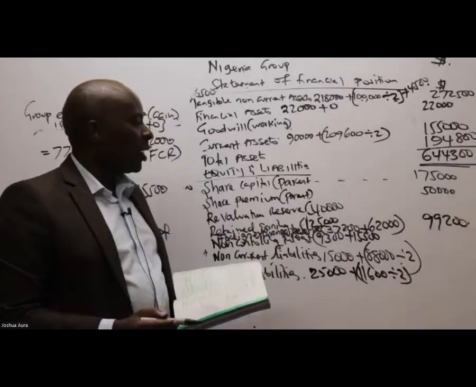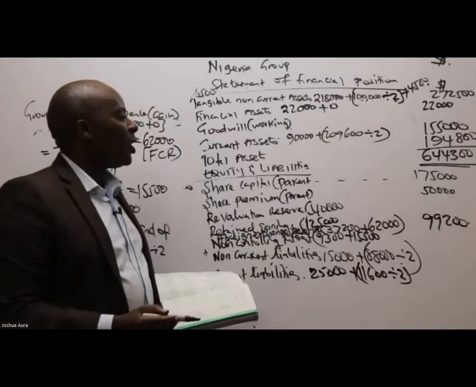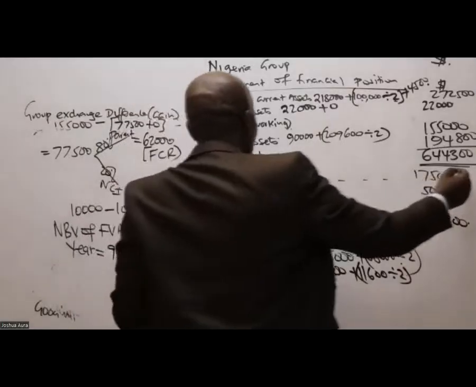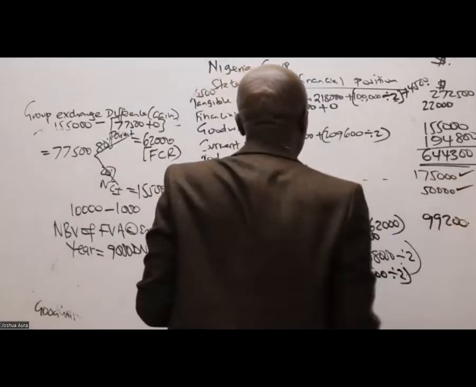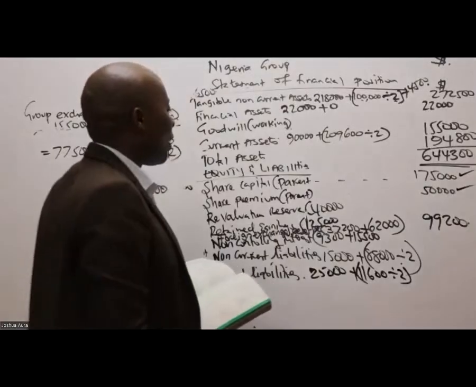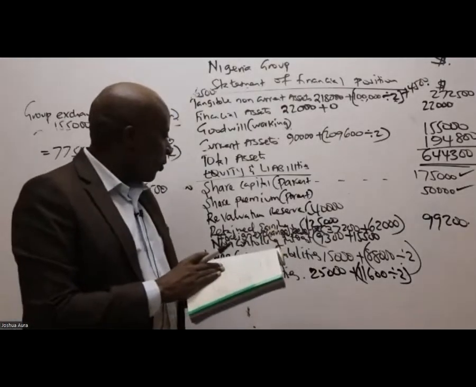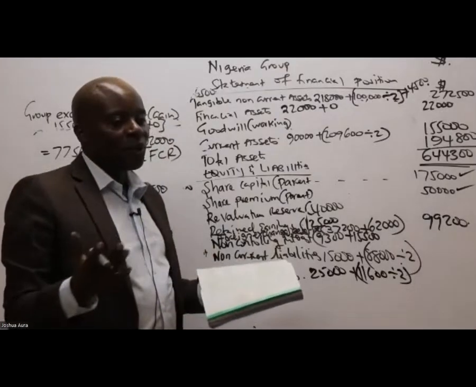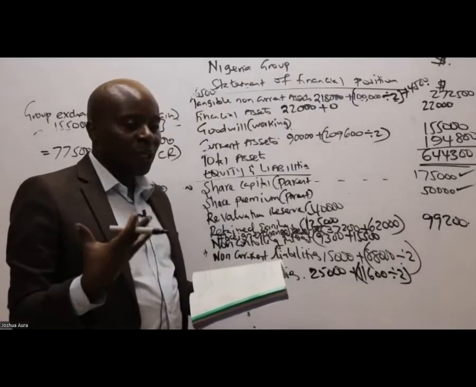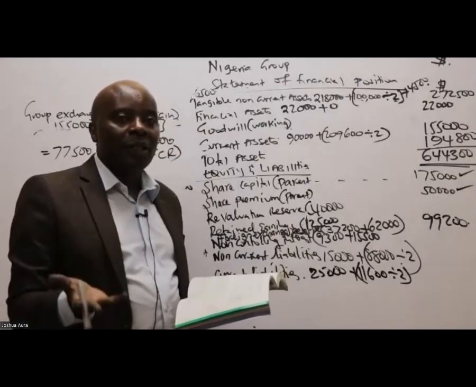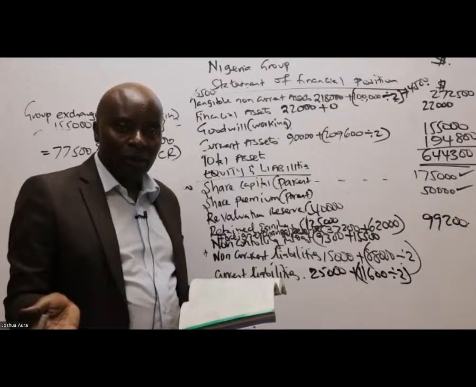Now from there, share capital is exactly right. Share premium is exactly right. Now there is this revaluation reserve. Under revaluation reserve, if you look carefully, there was no disturbance. Assets of the parent were not revalued at all.